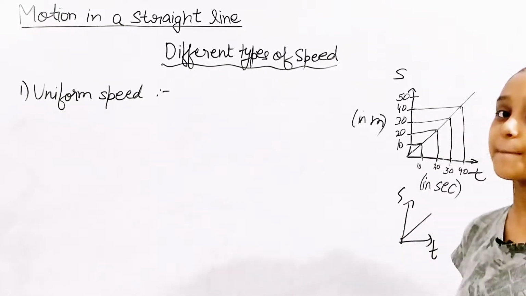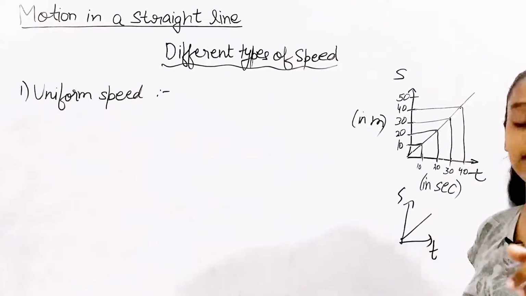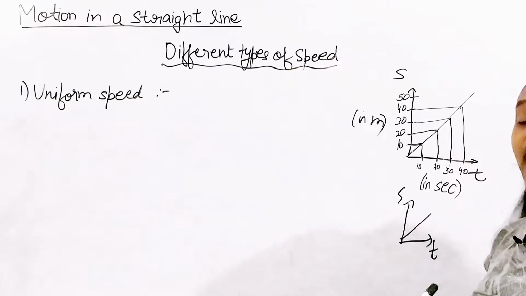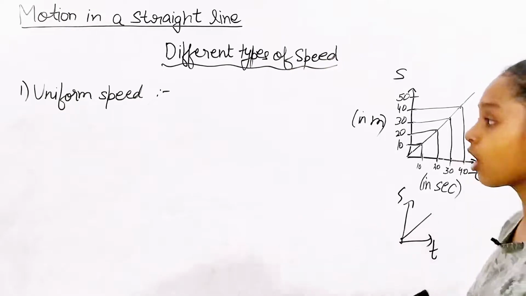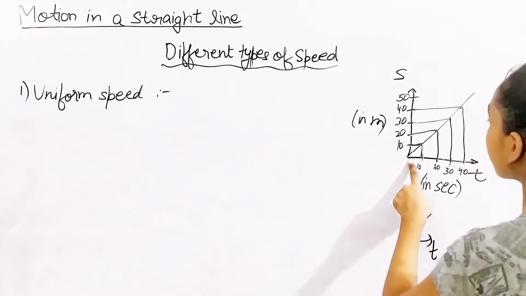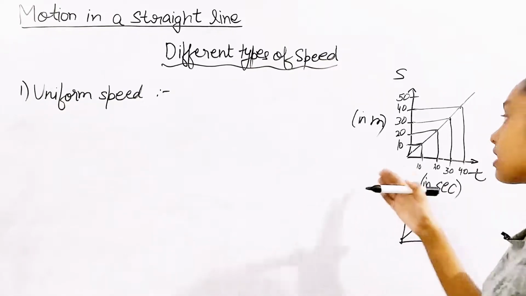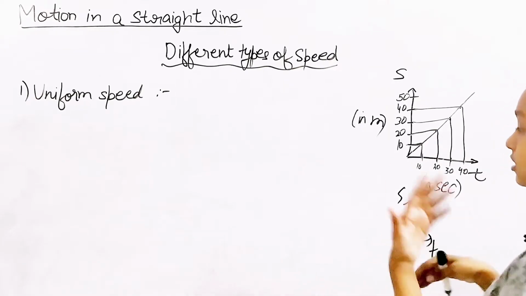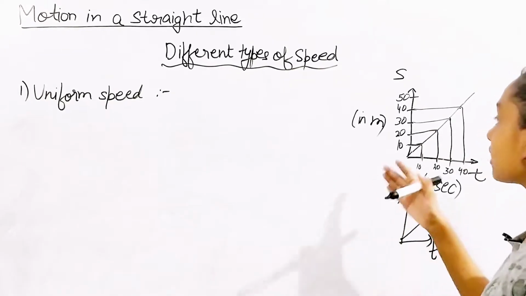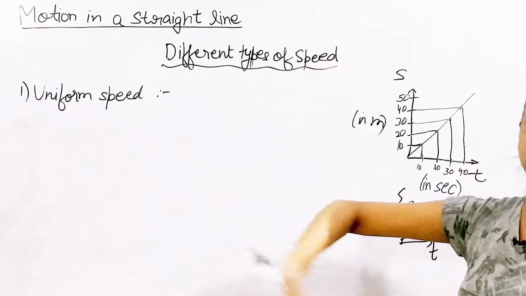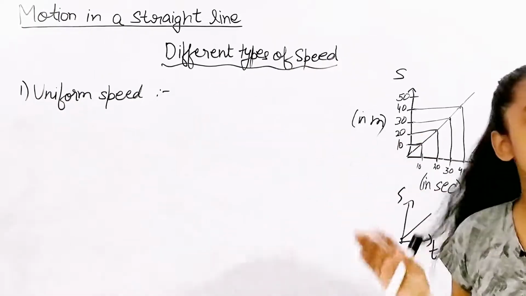If I'm drawing something like this, and anyone asks what that body's velocity is, or if it's speed, then I'd say that this body is covering equal distance in equal intervals of time. In other words, this body is covering distance with uniform speed.